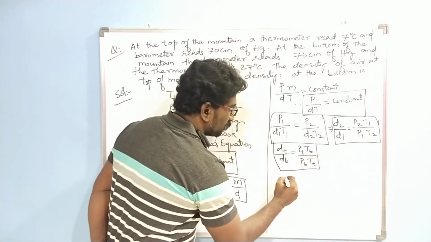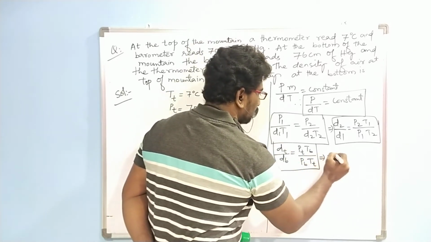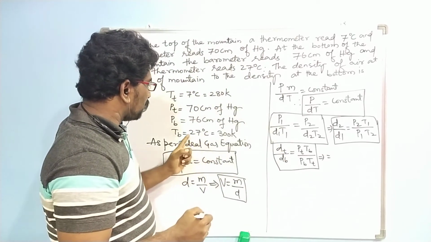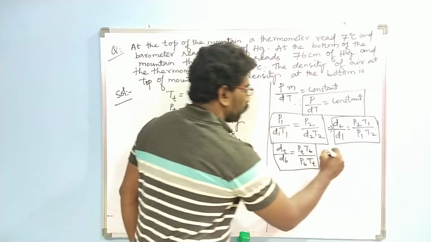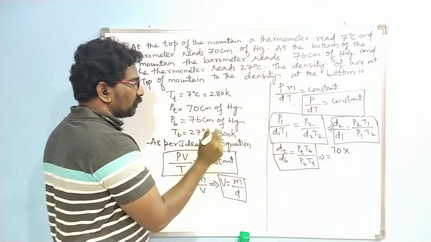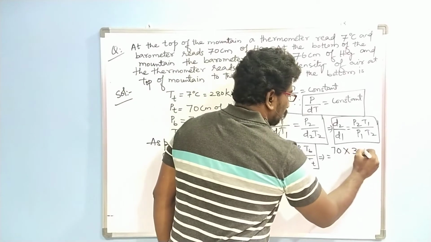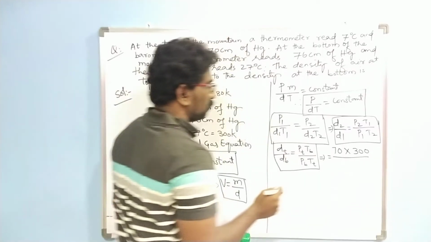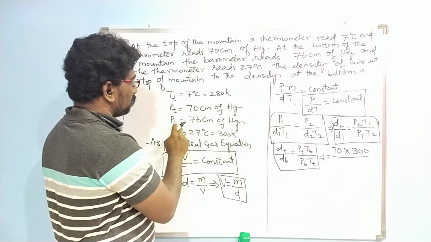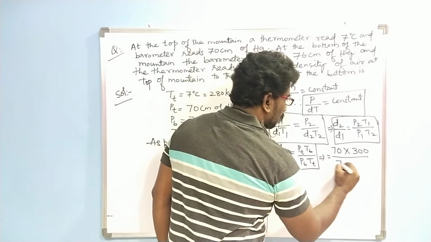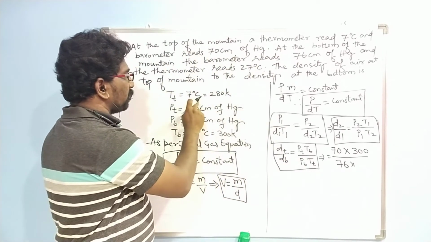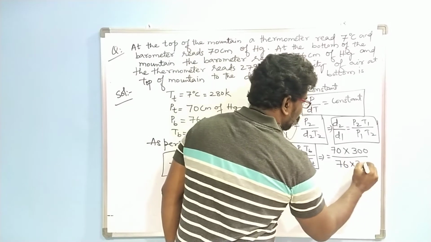Now you substitute these values. What is P_t? P_t is the pressure at top, which is equal to 70. Into what is the temperature at the bottom? Temperature at bottom is 300, over the pressure at bottom, which is equal to 76, into what is the temperature at top? Temperature at top is equal to 280.